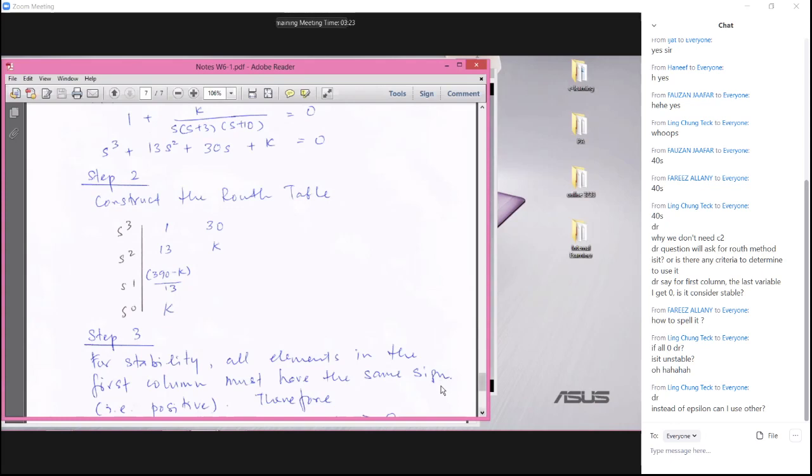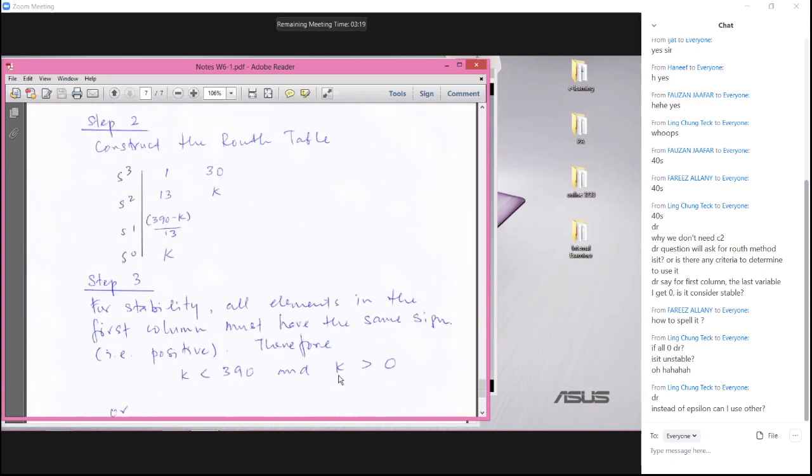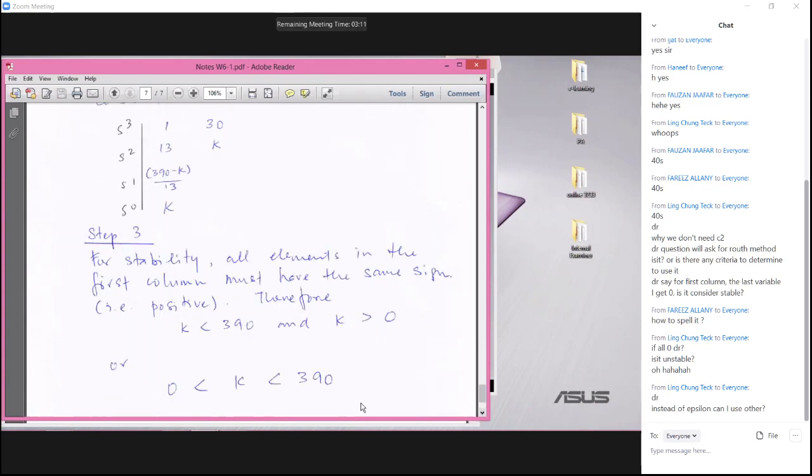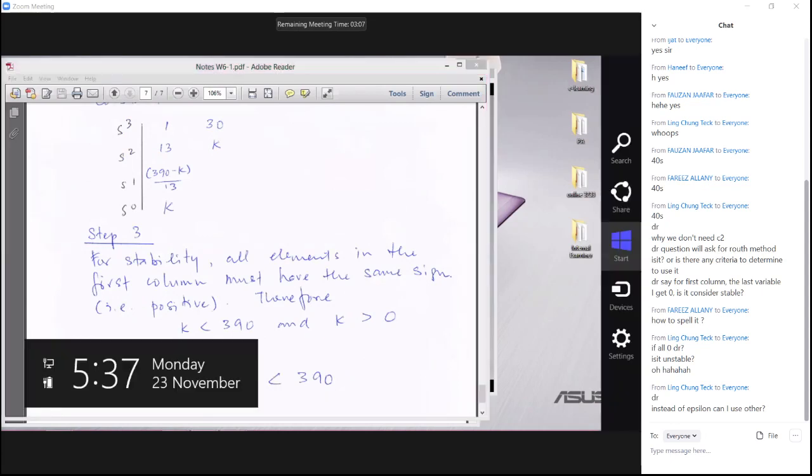So for stability, you want your k to be greater than 0 and less than 390, or you can write that as an inequality. So this is for stability: k must be between 0 and 390.